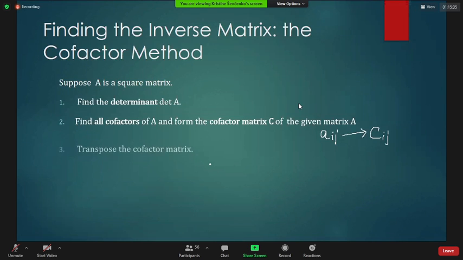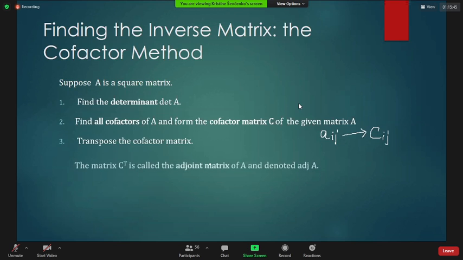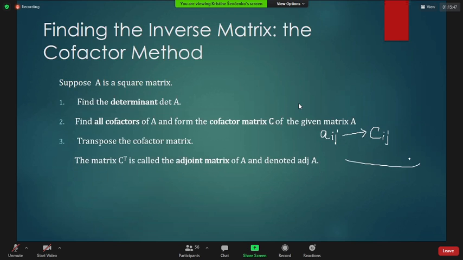Then we will transpose the cofactor matrix. Transposition, remember, was flipping it across the main diagonal. The matrix C transpose is called the adjoint matrix of A. You can write C transpose, or you can write adjoint of A. That's exactly the same thing.